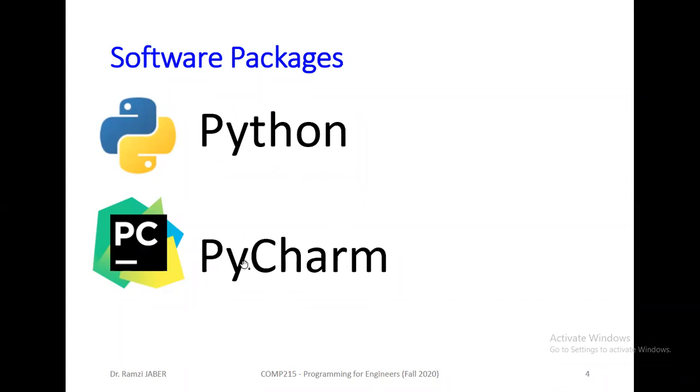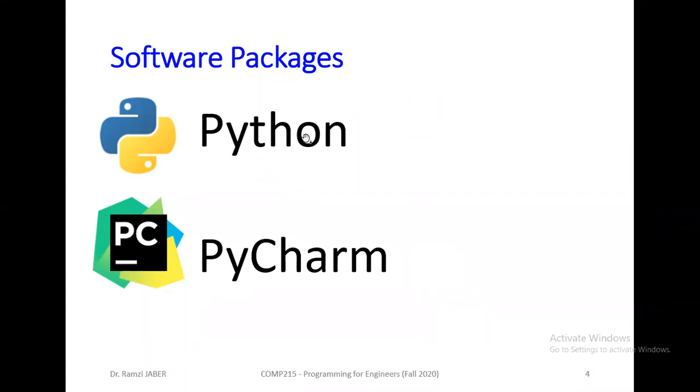So when we install PyCharm, we must say that we need to use this Python. First we must install Python, then PyCharm, not the reverse, because PyCharm will not install if there is no Python on your computer. Okay? You got the idea? So Python is the essential one, then the others come after.